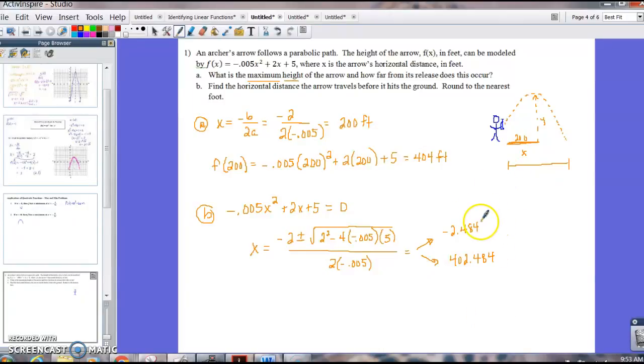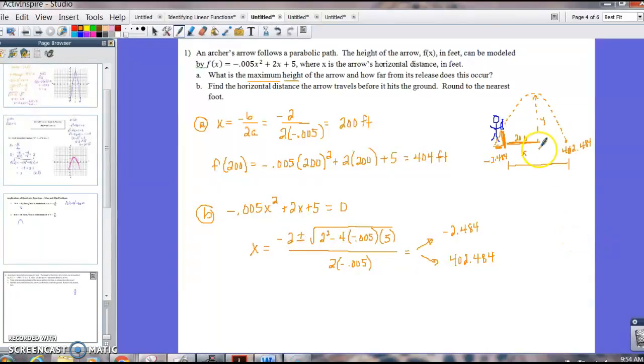So think about this for a second. If this was your zero value, right, this would keep going back. So this distance between where it was launched and here and where it would have hit the ground would be 2.484, right? But it's negative because if you think of this as your 0 point, you're going back 2.484 feet. So the distance from here to the end is 400. So this last point is 402.484. So that's really what's going on there.